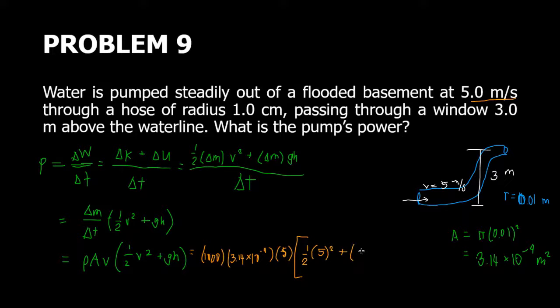Plus our G of 9.8 meters per second squared. And the H of 3 meters. And thus, the power is equal to, simplify, 1,000 times 3.14 times 10 raised to negative 4 times 5 times quantity 1/2 times 5 squared plus 9.8 times 3.